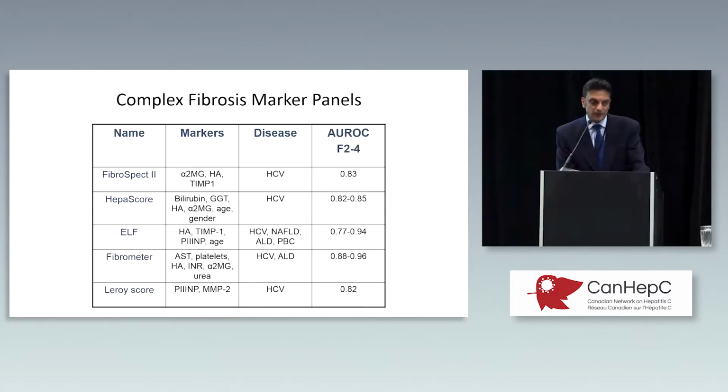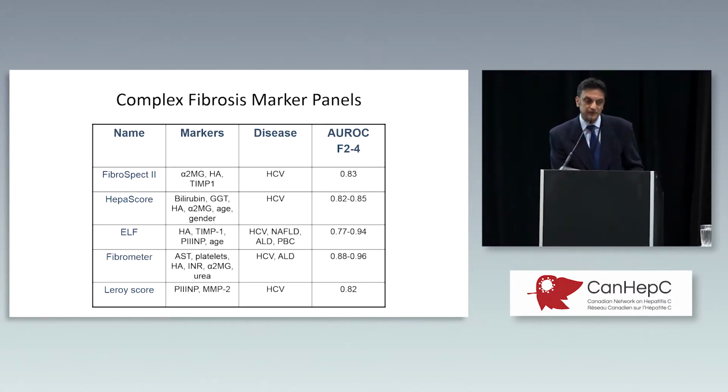Certainly a lot more activity in those days with the development of a whole bunch of biomarker panels. Most of these, the top four, are certainly proprietary marker panels and still available. ELF and Fibrometer are available in Europe, but not so much in North America. And HepaScore was marketed by Quest Diagnostics for many years, but is not available.